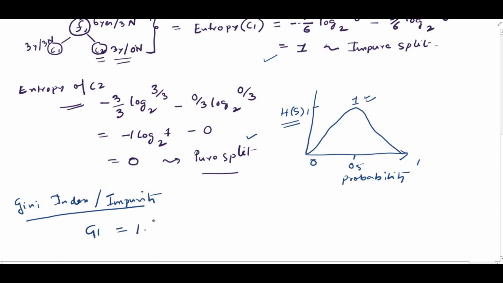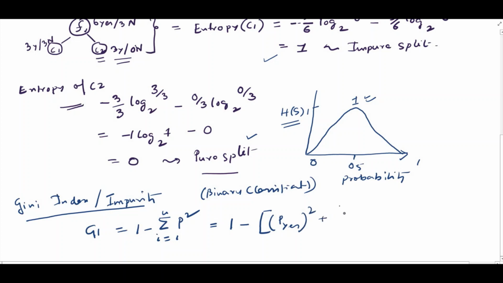The Gini index formula is 1 minus the sum from i equals 1 to n of probability squared. I'll simplify it a little bit so that you can understand, because we are talking about binary classification right now. So it is 1 minus probability of yes whole square plus probability of no whole square. Okay, this is the formula.